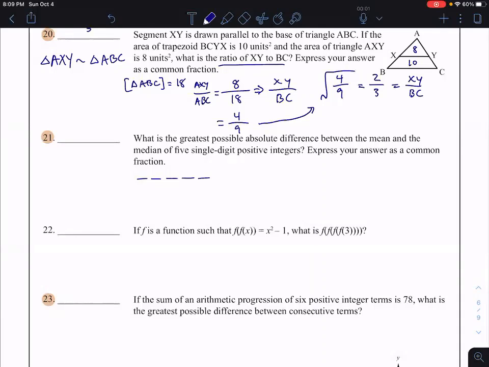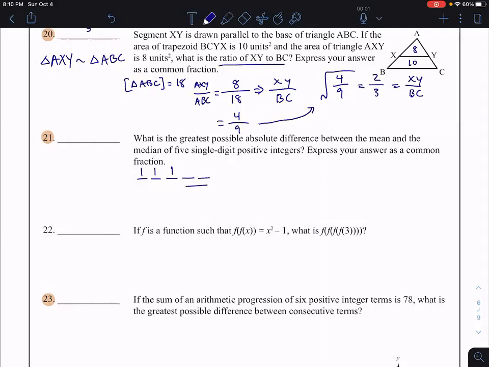So the smallest possible value that we can make the median is 1, since 1 is the smallest positive integer. If the middle digit is 1, then that means all the terms before it are also 1.